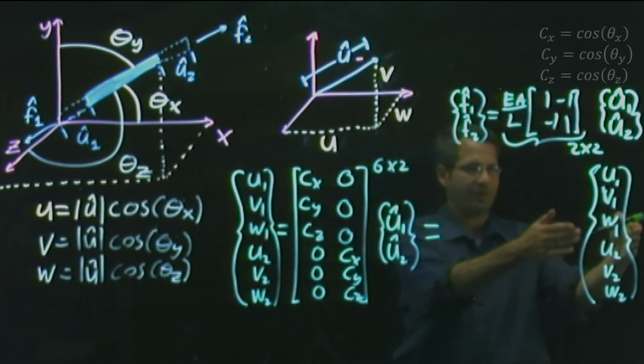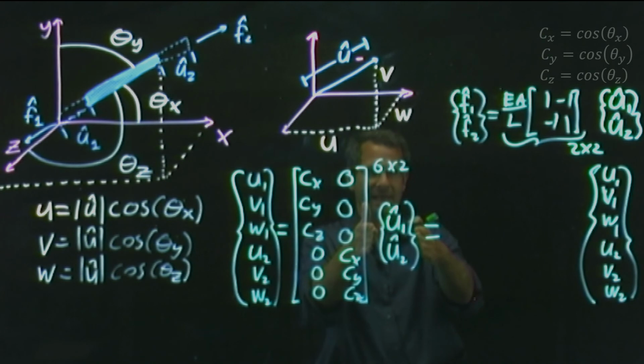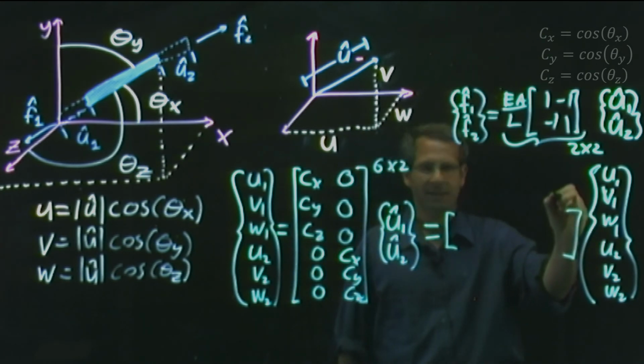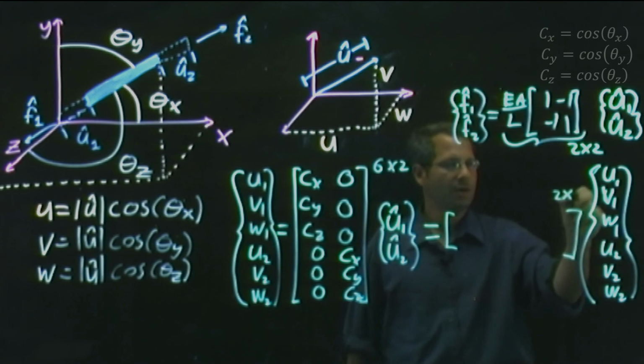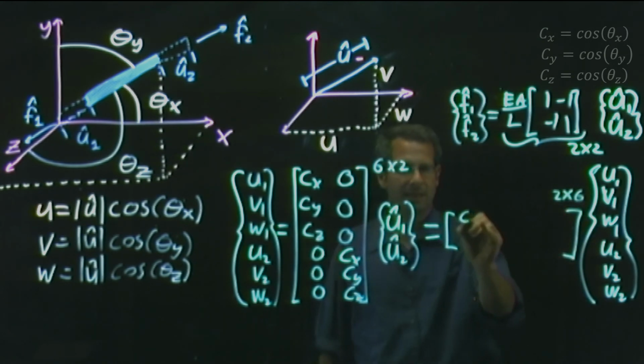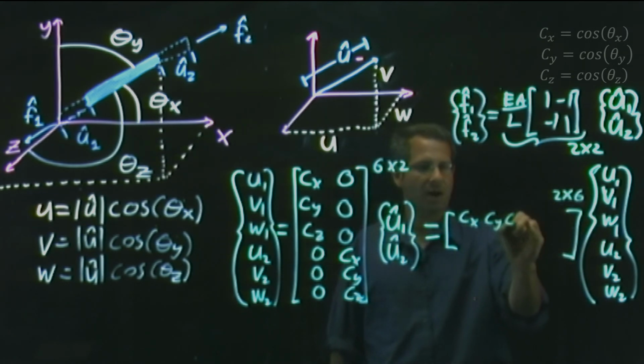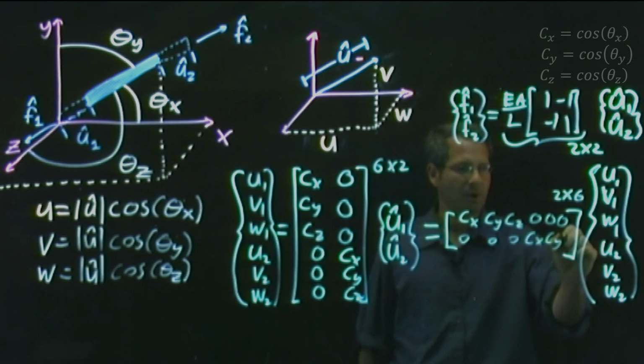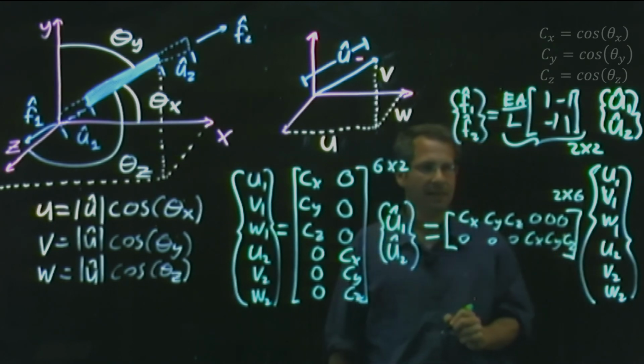I can do the transformation from here to here by multiplying by this 2 by 6 matrix: cx, cy, cz, 0, 0, 0, and 0, 0, 0, cx, cy, cz.